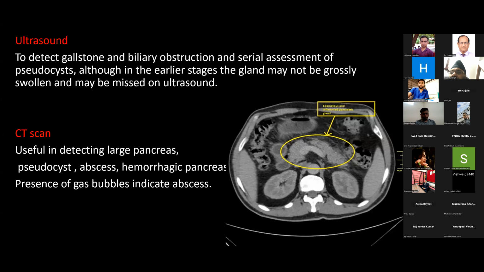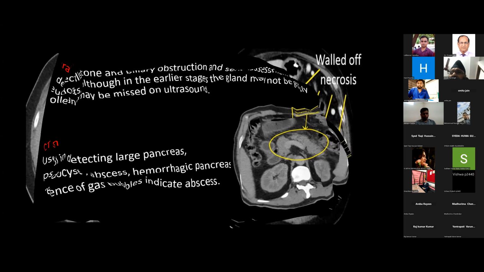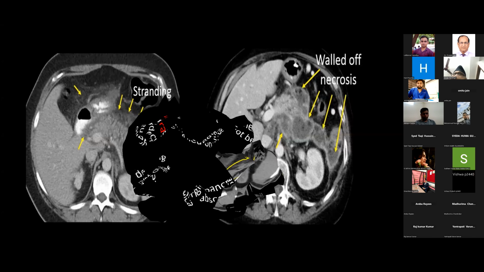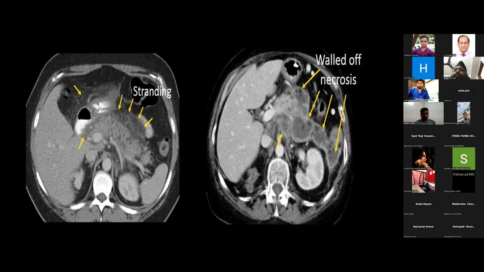On CT scan, interstitial edematous pancreatitis appears as homogeneous enhancement, whereas necrotizing pancreatitis appears as non-enhancing areas. This first picture shows homogeneous enhancement of the pancreas, which is acute interstitial edematous pancreatitis, whereas the second picture shows non-enhancing areas, which indicates necrotizing pancreatitis.